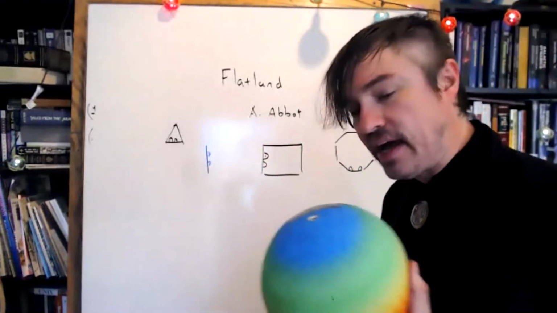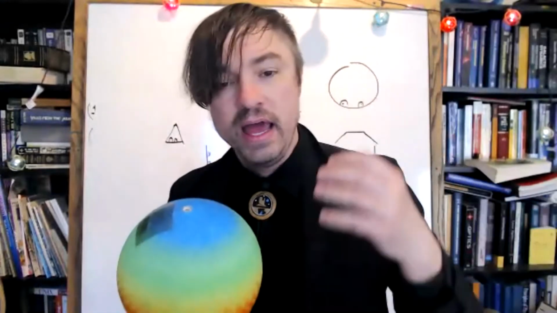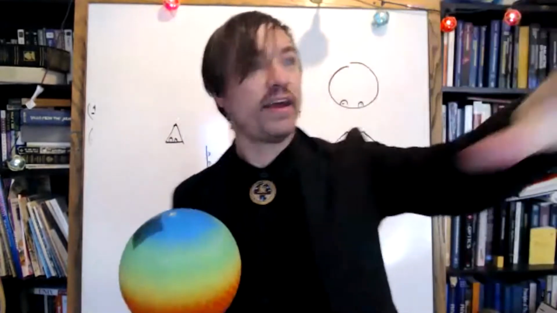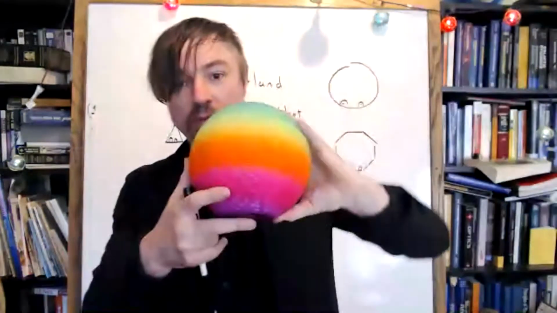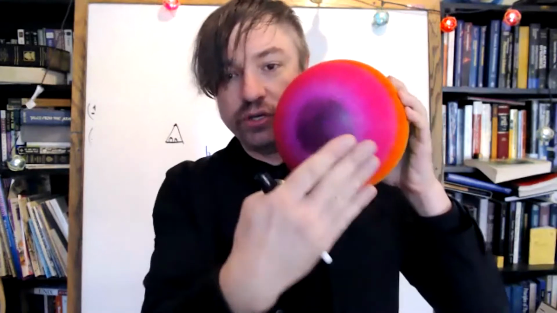Because if you think about it, guys, we are three-dimensional creatures, correct? If you live in three dimensions, your entire view or perspective of the universe is actually two-dimensional. For instance, rainbow ball here has many colors, blue on one side, red on the other. But when I hold up rainbow ball to you, you can only see it as a two-dimensional flat projection on your screen or on your camera.